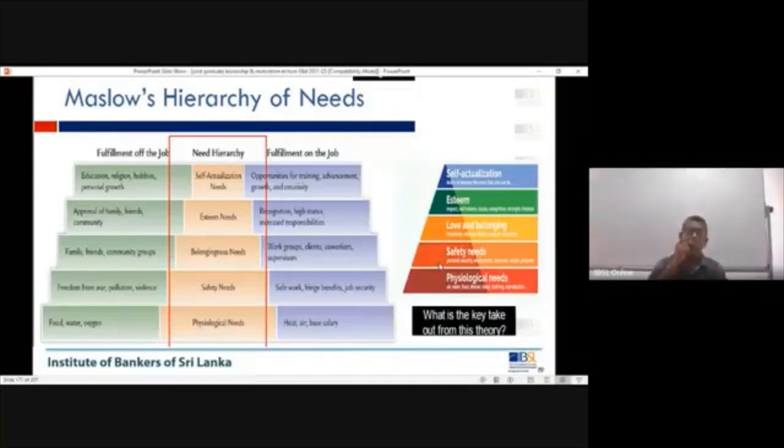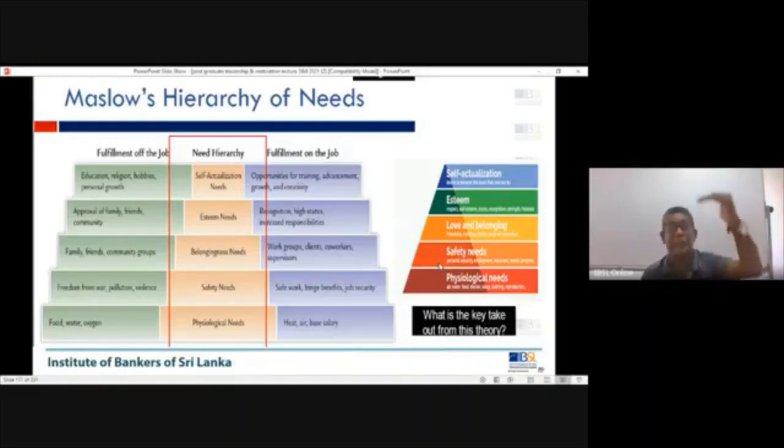So what's the key takeaway from this theory? Maslow said there are some unfulfilled human needs. Employees have a tension to achieve each level. Once you fulfill the first level needs, they go for the second level, and there's a tension for that.